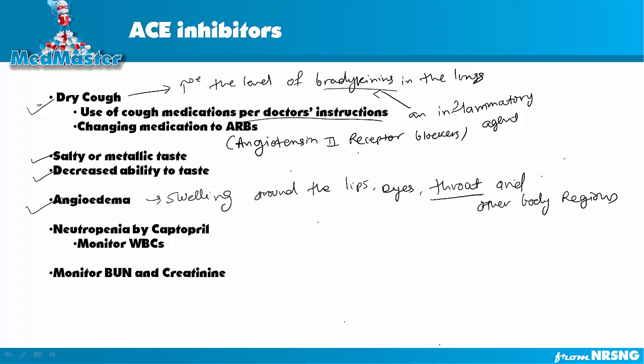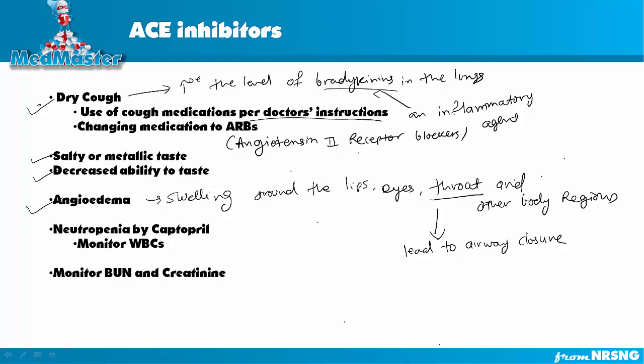Since this can cause swelling around the throat, it can lead to airway closure. So this is a serious side effect of this medication. You really want to educate the patient about angioedema, and it can develop after the first dose or in a few weeks. So you really want to tell the patient to monitor for swelling of the lips, eyes, and throat, and if it happens, tell the doctor as soon as possible, like emergently, I would say.